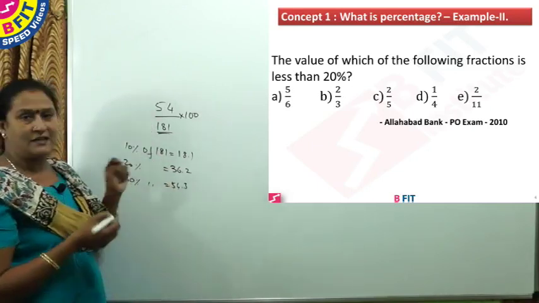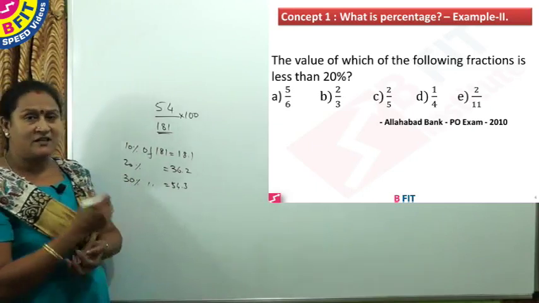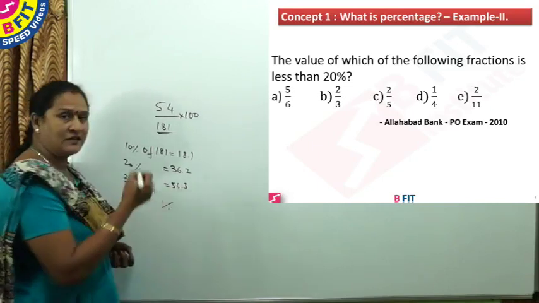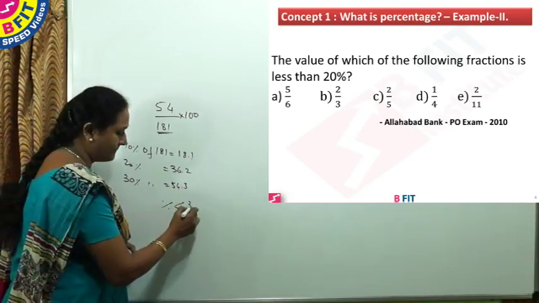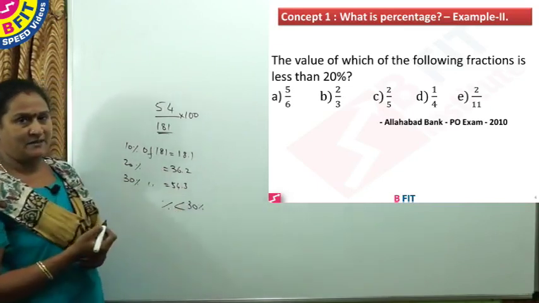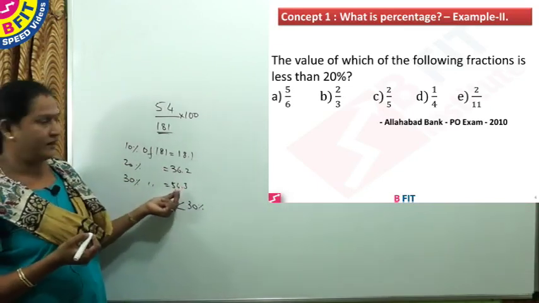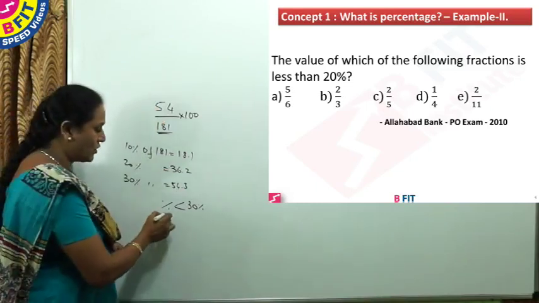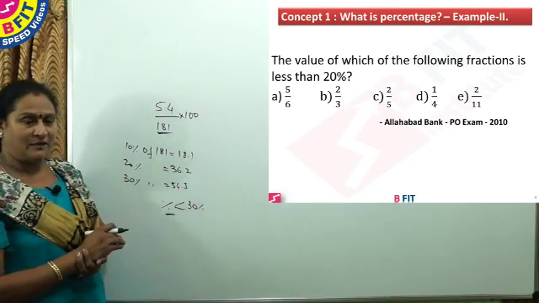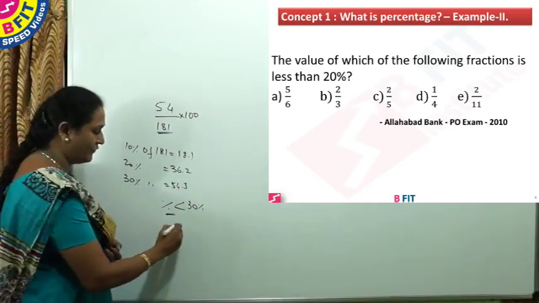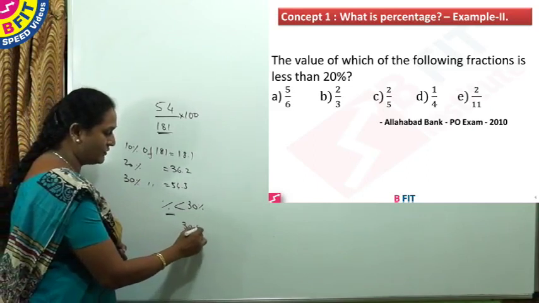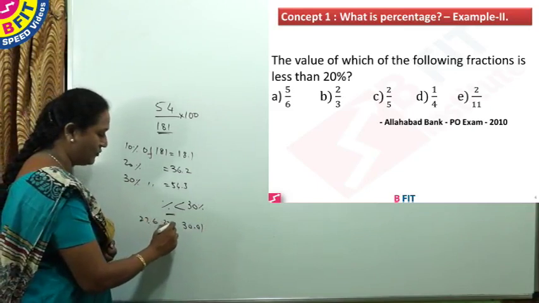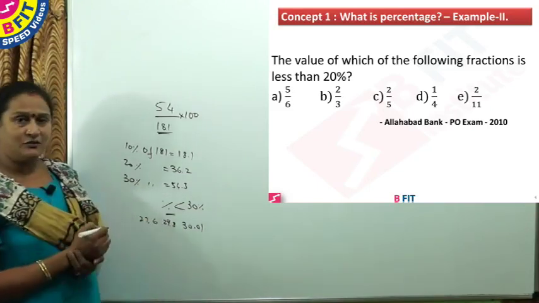The numerator is less than 30%, but how much is it less? Only 0.3 less. So in the options, you choose the percentage which is less than 30%, because 30% is 54.3, we have only 54, and as it is only 0.3 less, you choose an option which is very near to 30%. Say for example, if you have in the options 30.01, 27.6, 29.8, which option will you choose?